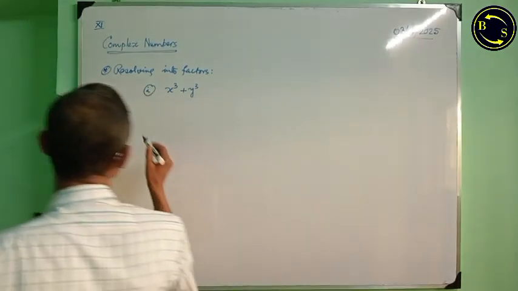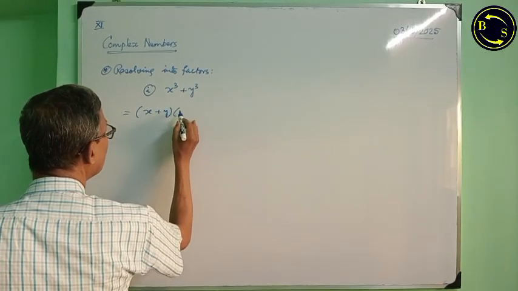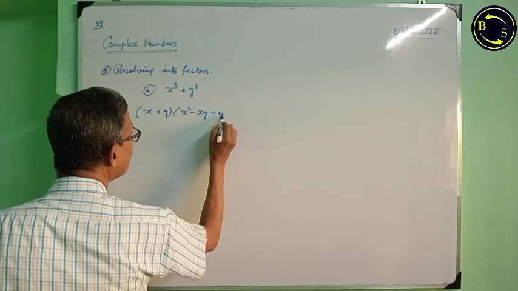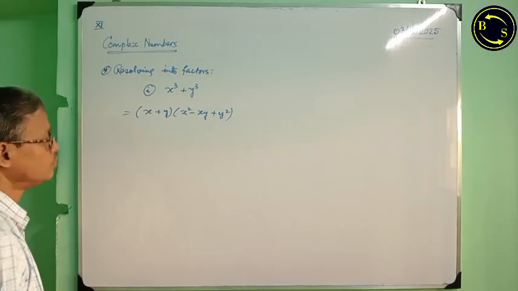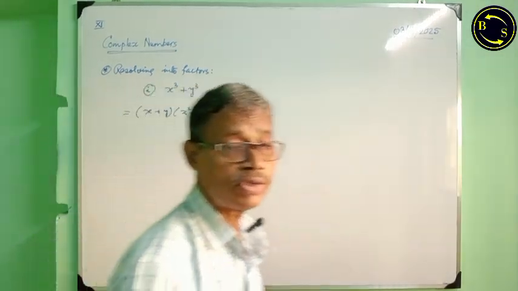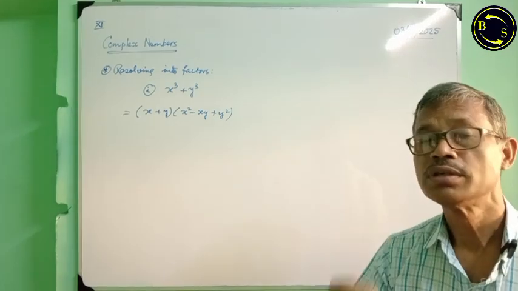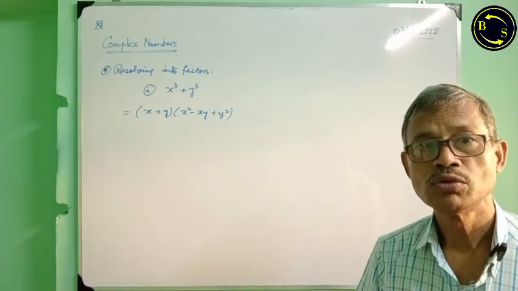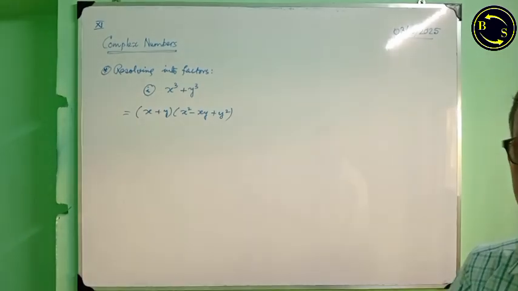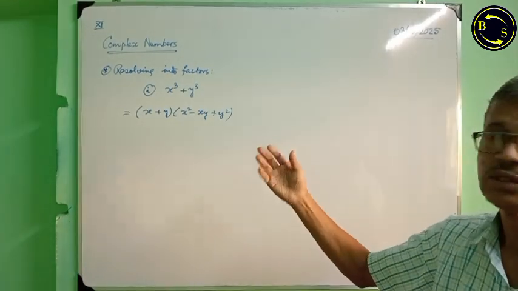That means first one is linear factor, the second one is quadratic factor. Now using that concept, omega cube equal to 1 and also 1 plus omega plus omega square equal to 0, we can resolve into factors.